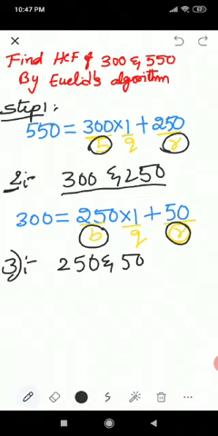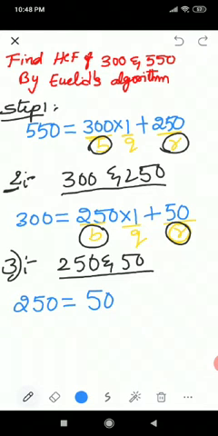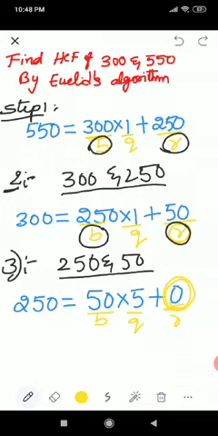Okay, so how can we write this 250? 250 is nothing but 50 into 5. 50 into 5 gives 250, and the remaining quantity is nothing, so that becomes 0. This is the Q value, this is B value, this is R value. Here the R value is 0, so we have to stop this process.